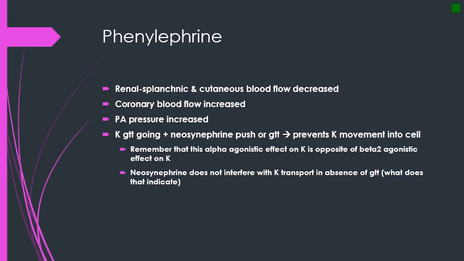It doesn't interfere with potassium transport in the absence of a drip. When it interferes is whenever you're giving those pushes very frequently, or if you actually have a drip that's infusing. So you have to keep that in mind, because if you get a low serum potassium level, then you're at risk for cardiac dysrhythmias.